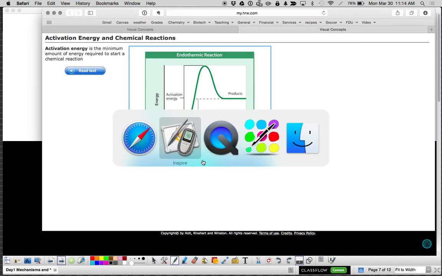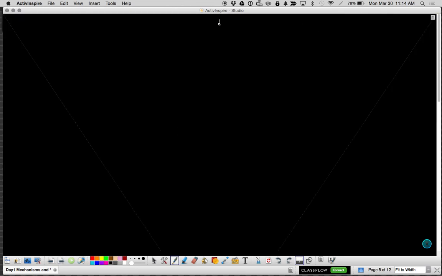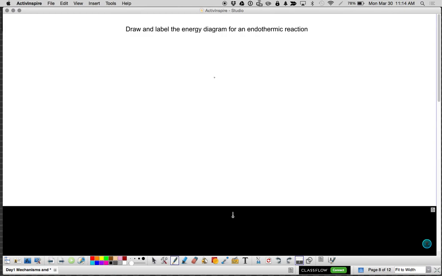Okay, so here's a little challenge for you. I want you to pause. I want you to try to draw and label the energy diagram for an endothermic process.